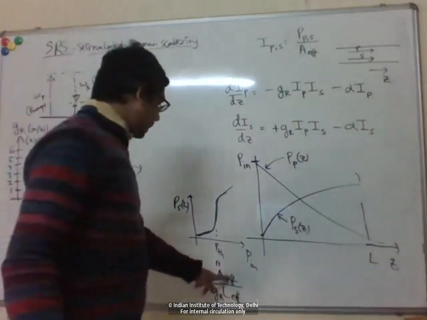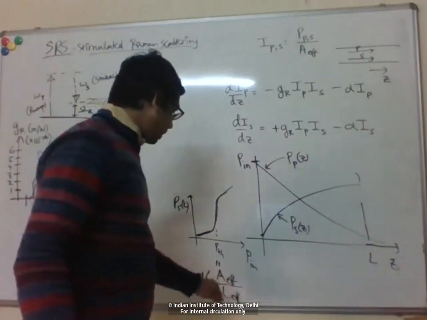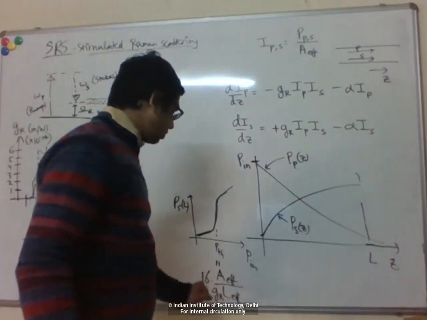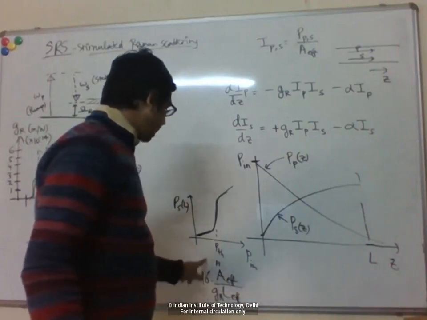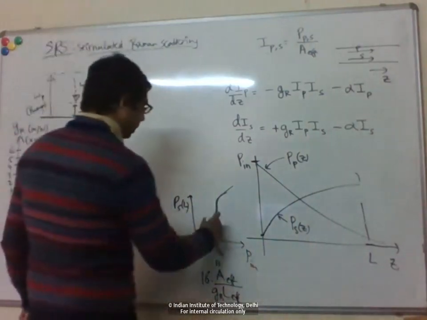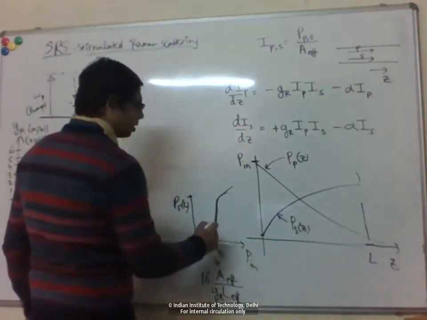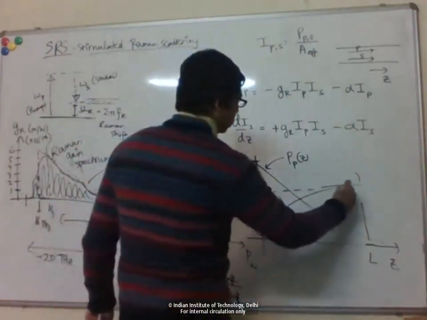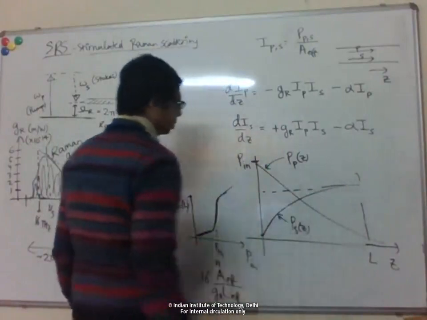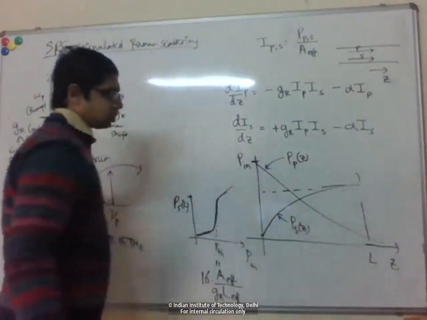Okay, so we get the same expression A effective by L effective, and then the Raman gain coefficient. We had the Brillouin gain coefficient for the Brillouin case, and there we had 21. Here we have 16. Okay, so this is estimated. So basically, at this power, the Stokes power becomes 50% of the input pump power.